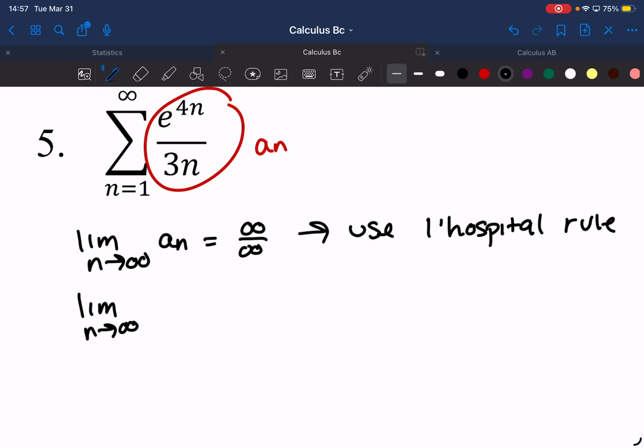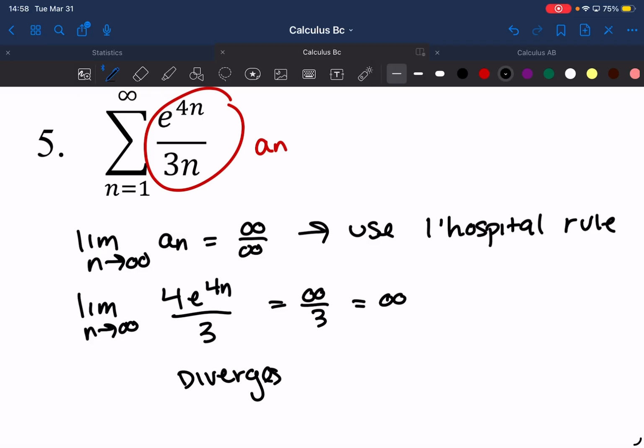The derivative of e to the 4n is 4e to the 4n, and the derivative of 3n is just 3. So now when I plug in infinity, the only one approaching infinity is which one? The top. So we have infinity divided by 3, which is infinity. And since infinity is not 0, we say that this series diverges by the nth term test.